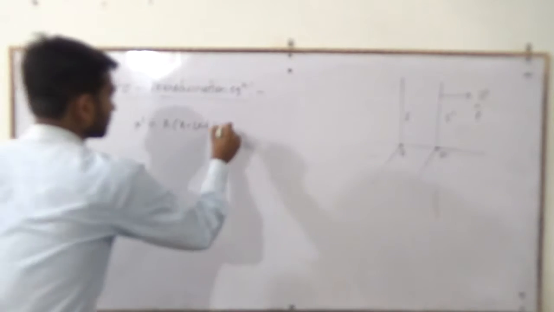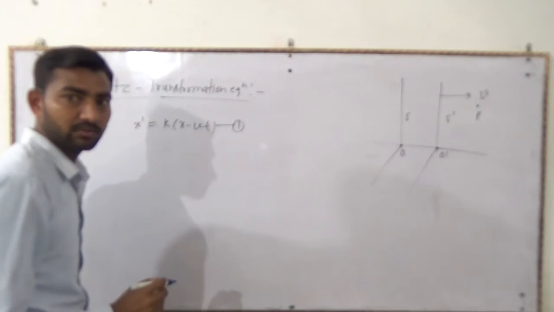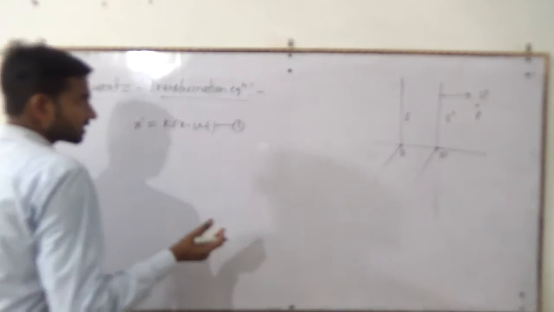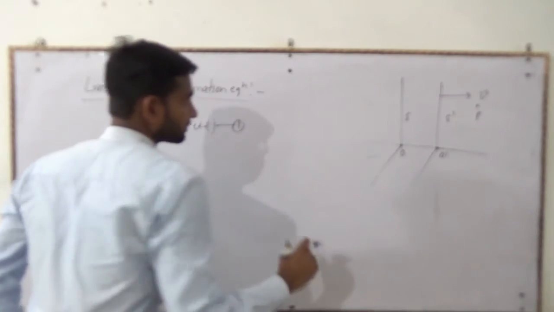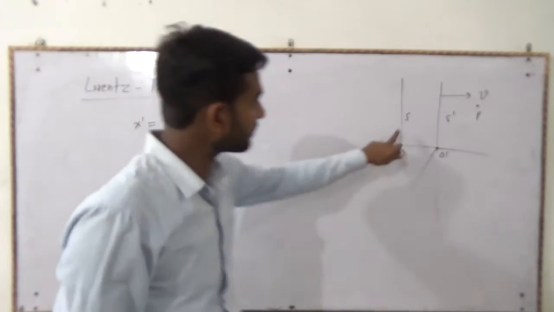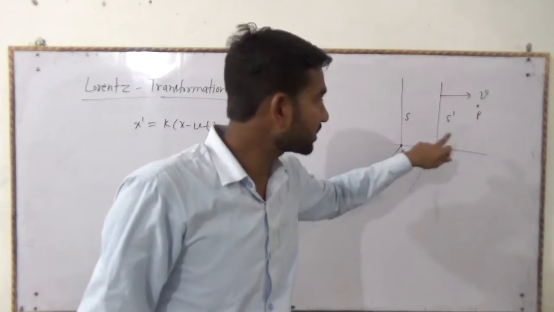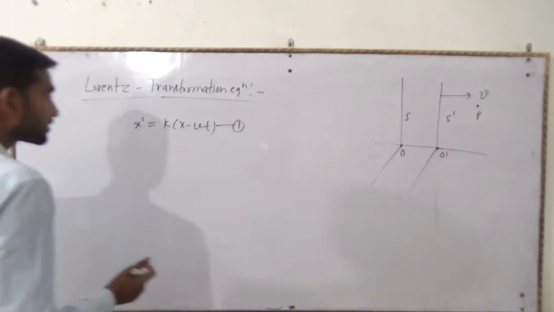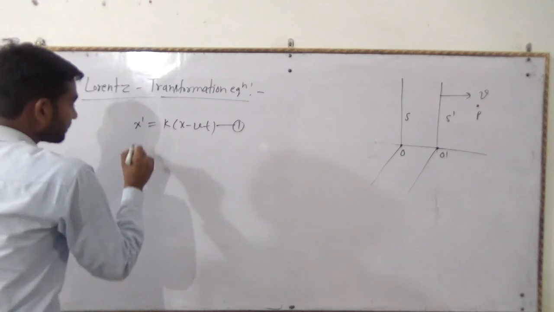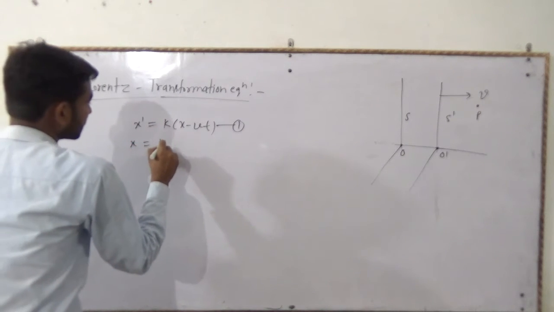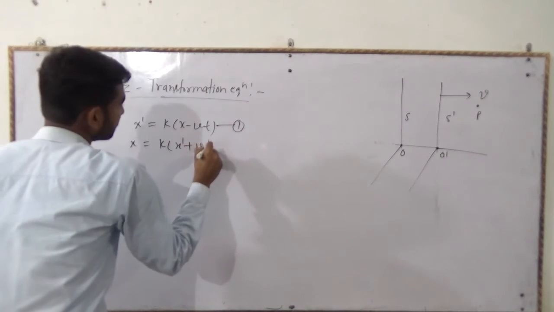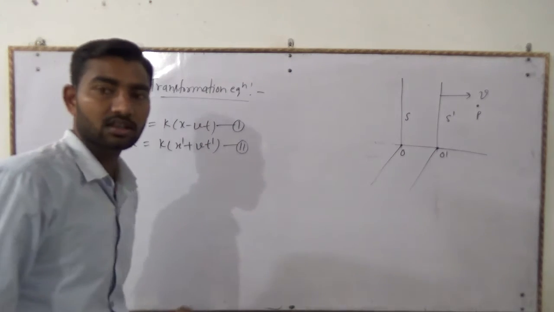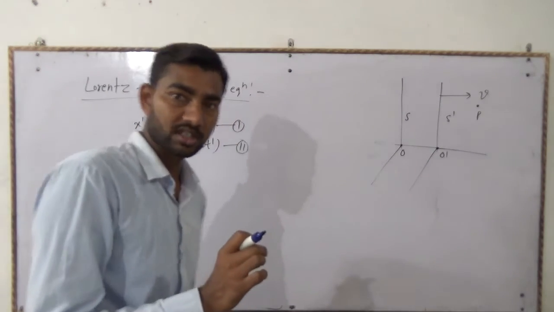we are considering it as equation number first. And in opposite order, if we consider this frame of reference S is moving away from this frame of reference, then it may be represented in the mathematical way x is equal to k (x dash plus vt dash), and we are considering it as equation number second.